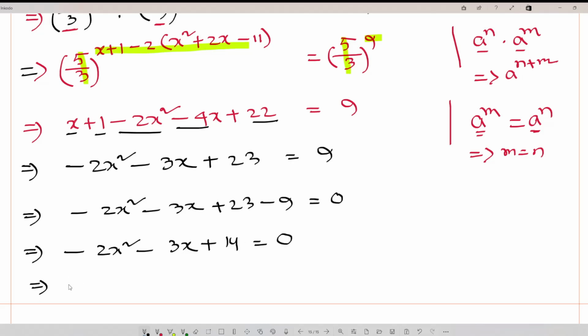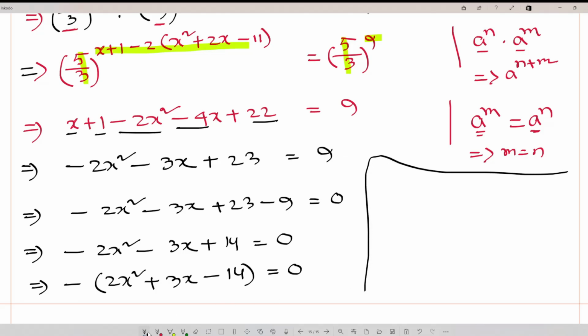Now we can take common minus, so here is 2x²+3x−14 equals 0.